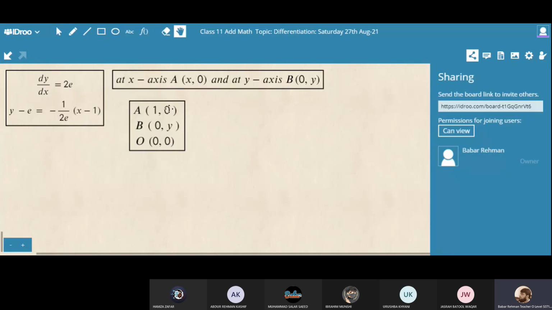Yes, Hamza Zafar, please. Any other student? It is very simple to substitute these values in this equation. You just have to substitute. Yes, please. When you input y is equal to 0, so what comes?